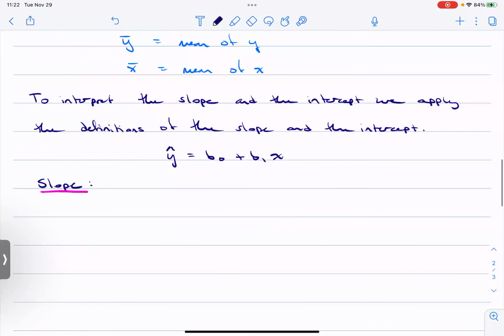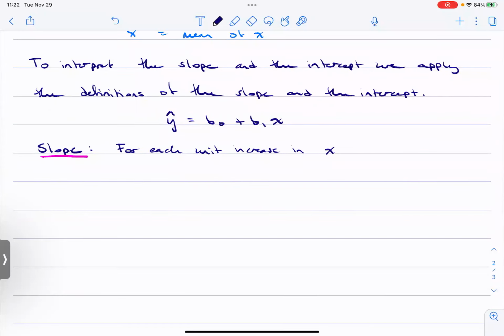So the slope, for each unit increase in x, and of course you would replace that with whatever x is in the question.